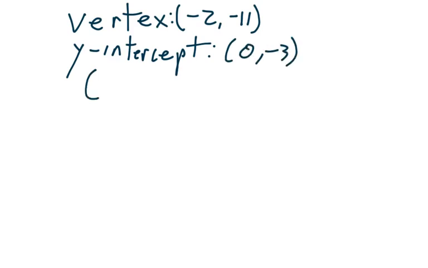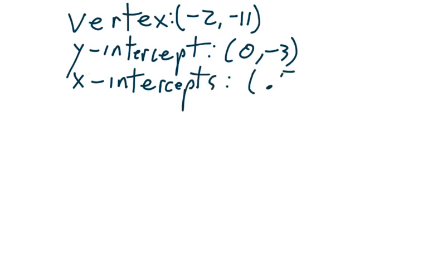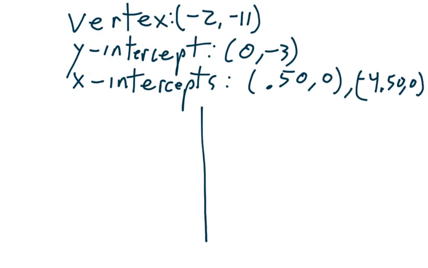We just got the x-intercepts, which are actually supposed to be points, but let me write them out here. We got 0.50, and the other one we got is negative 4.50. Okay, good.